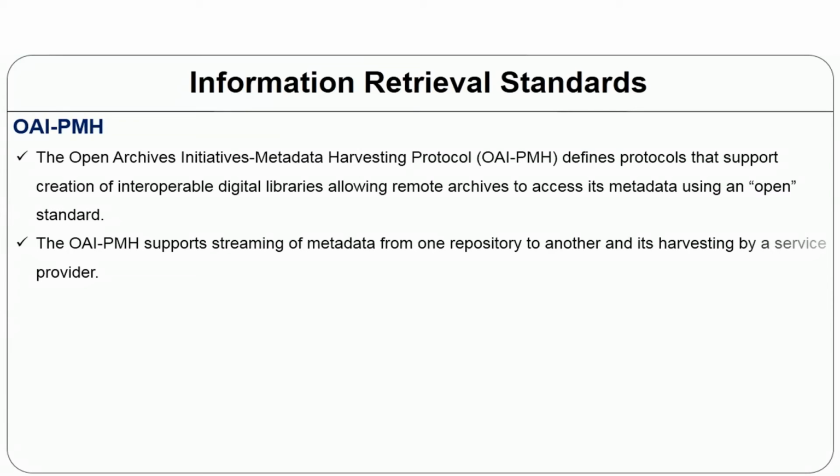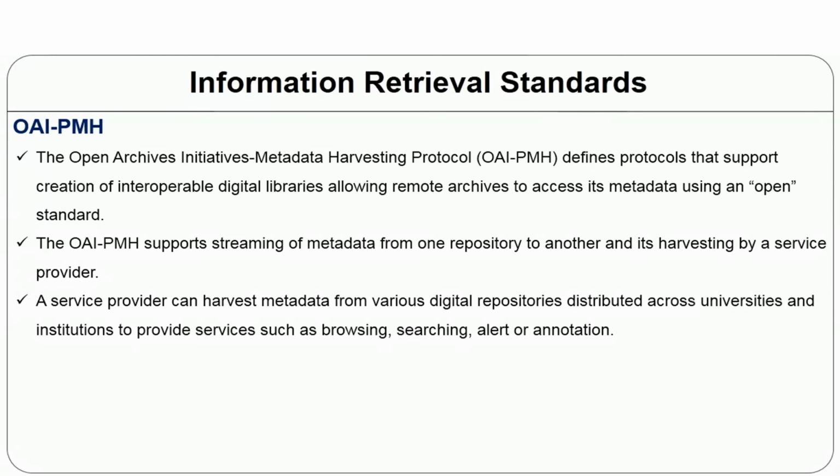Means the metadata of all theses can be downloaded by people if it is supported. So several service providers can harvest metadata from various digital libraries. I can sit as a harvester and go to all repositories. If it is OAI, everything can be harvested and kept on my server for my users. So libraries can use this standard for harvesting metadata.